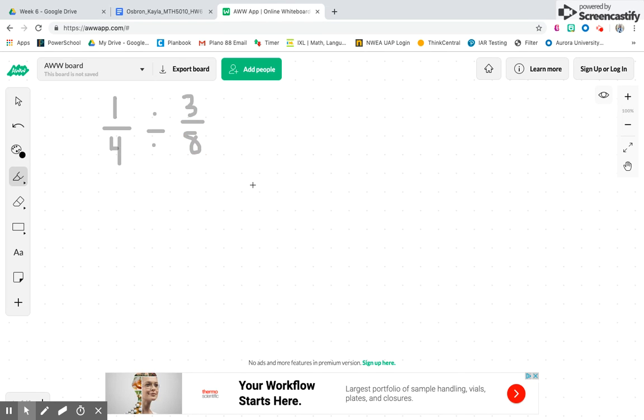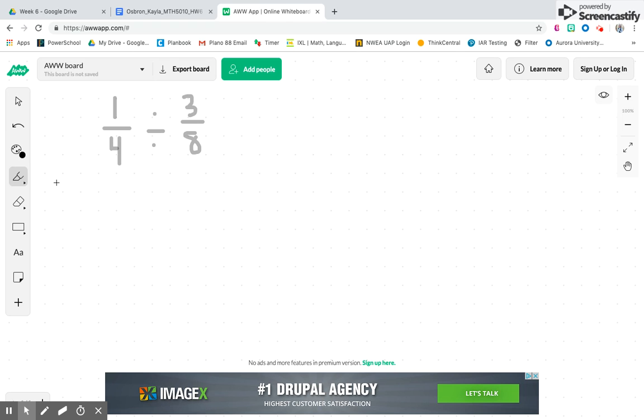Okay, so right here, our fraction bar is actually a division symbol. Some people, I've even seen it described as this is actually a fraction as well. We have an unknown on top and an unknown on bottom with our fraction bar.